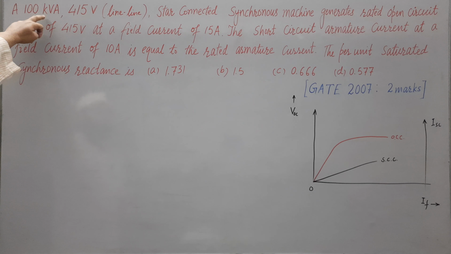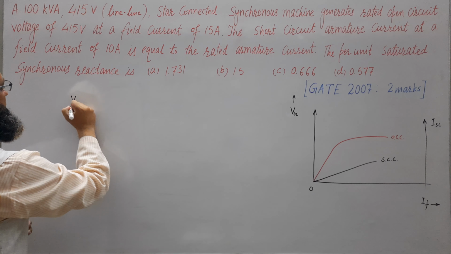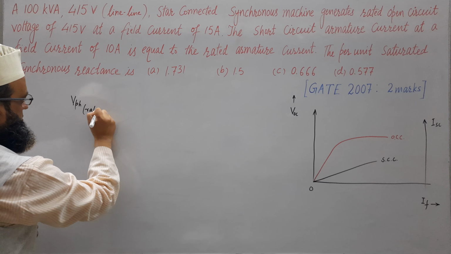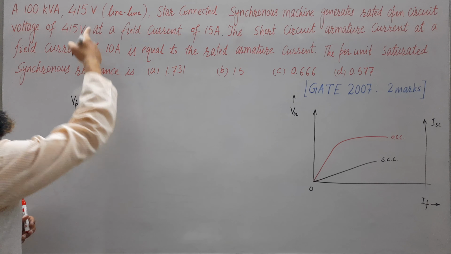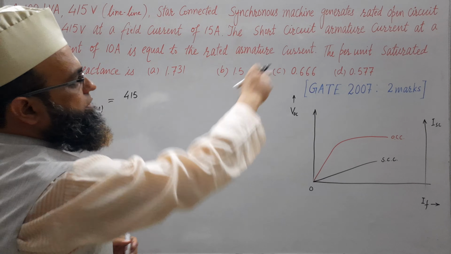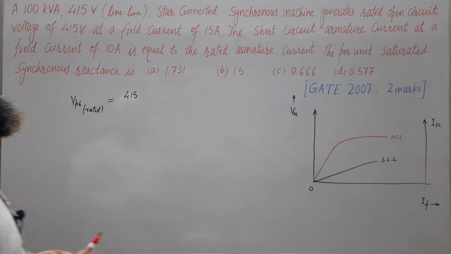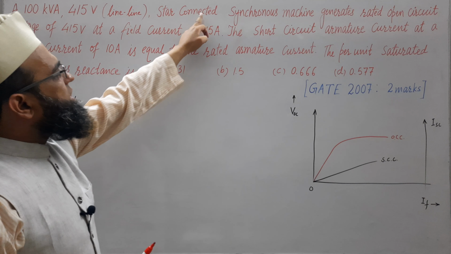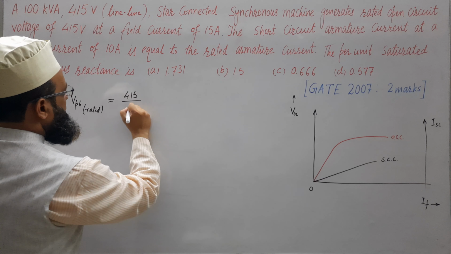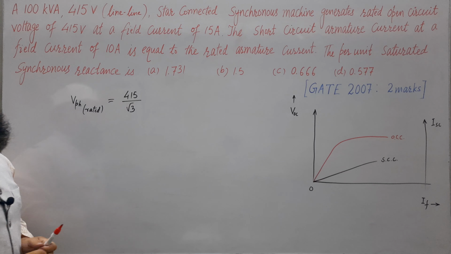The capacity of the synchronous machine is given as 100 kVA, with line to line voltage. If we want rated VPH, you may mark rated. This is a star connected machine, right? For a star connected machine, we know the relation between line voltage and phase voltage, so this will be line voltage upon √3, fine.